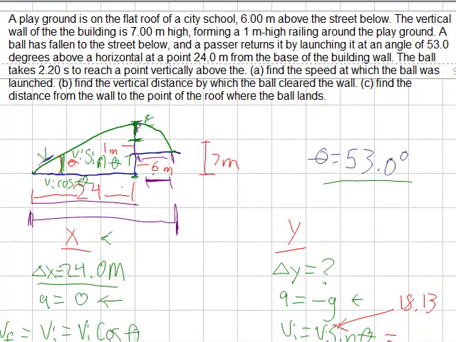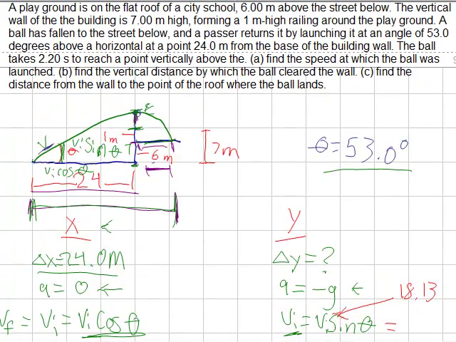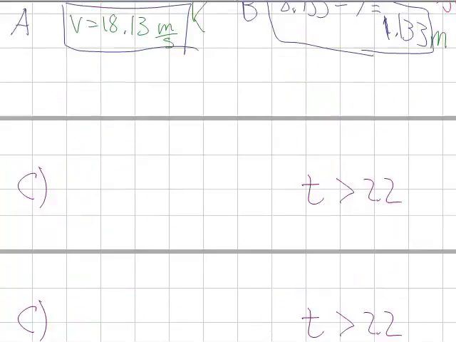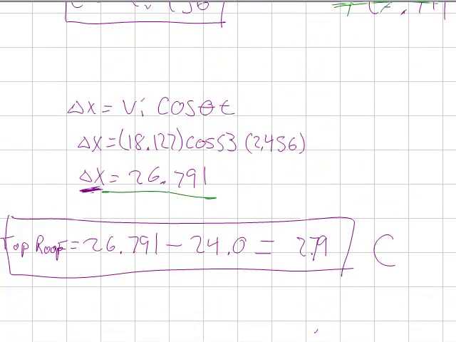What that would give us is from here to here, and we don't want that, we want this distance, so we have to subtract 24. And the reason why it is 24 is because of this. Once we have that, our answer 26, we subtract 24, and our answer is 12.79.